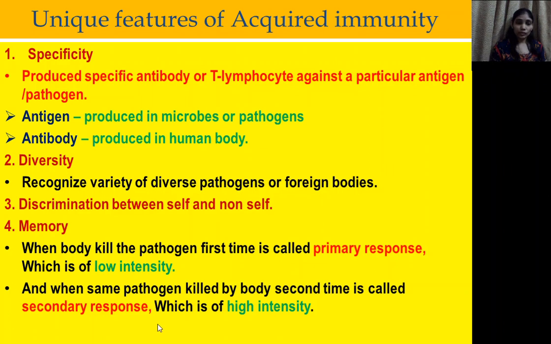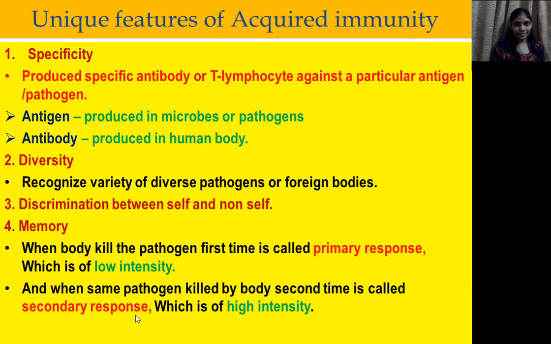But when the same pathogen is killed by the body a second time, it is called the secondary response, which is highly intensive. Why? Because the pathogen enters our body a second time, and the first time our body already prepared the antibodies for it. So whenever that pathogen enters our body again, the antibodies are already there and kill the pathogen very fast.